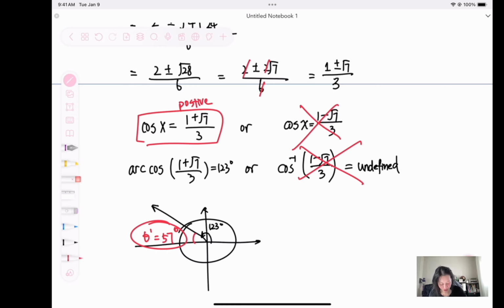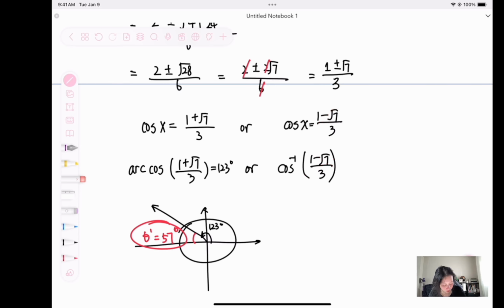This should be undefined. The undefined one is here. This one is undefined because it's beyond 1. But this on the other side is equal to 123 degrees.